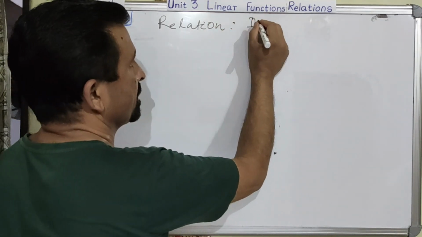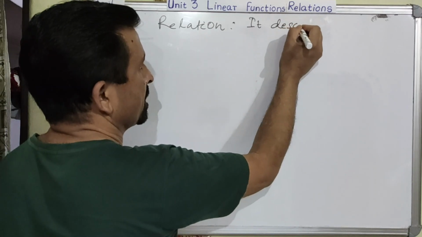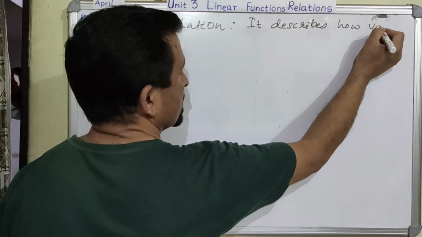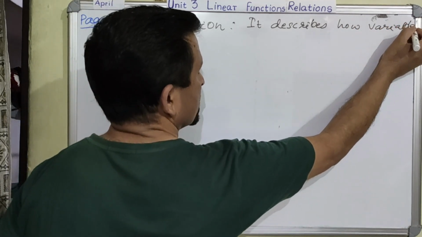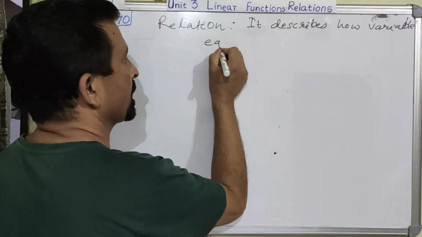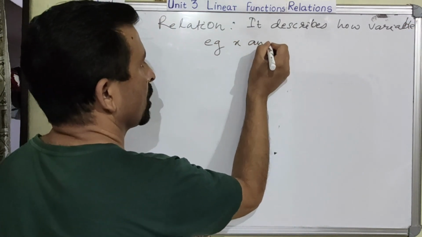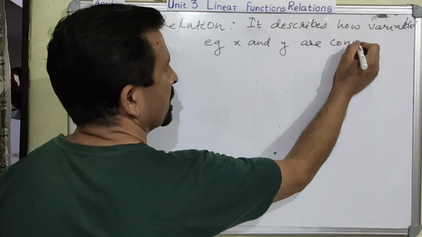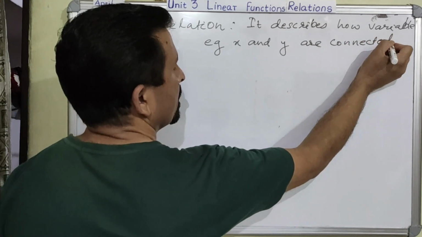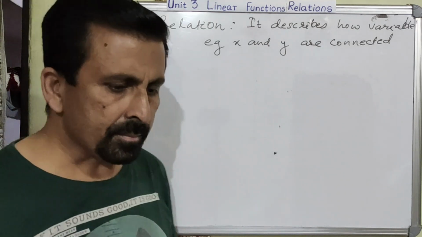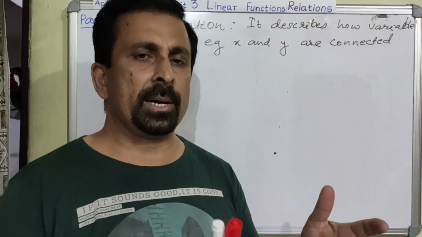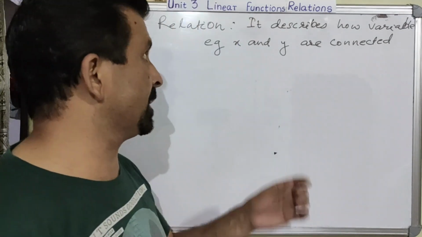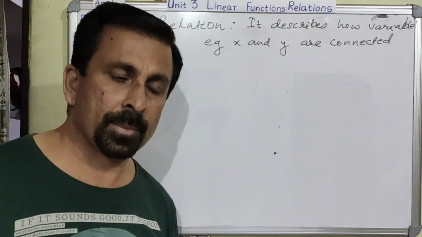Because when you plot the set of ordered pairs, you get different types of shapes. Is it okay? So this basically describes the relation between the variables x and y.